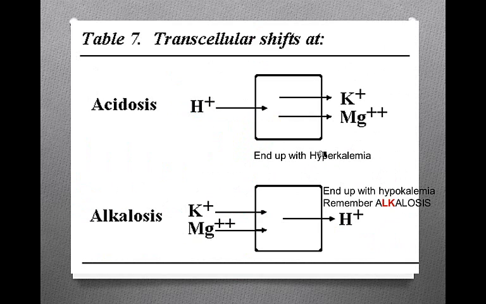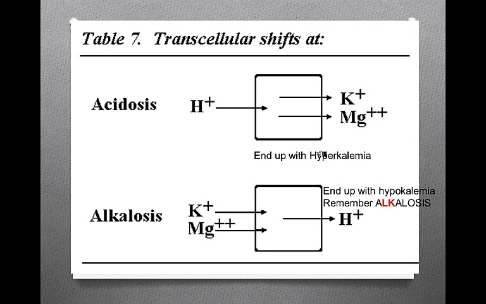You also have transcellular shifts in acidosis and alkalosis. So in acidosis, potassium gets pulled out and magnesium gets pulled out. So you end up with hyperkalemia and usually hypermagnesemia too.